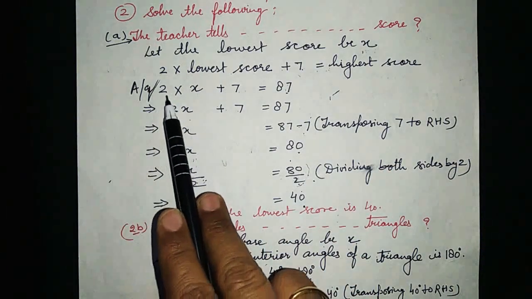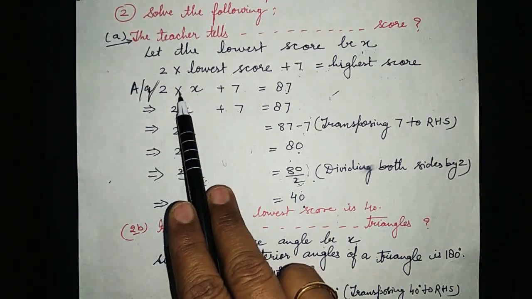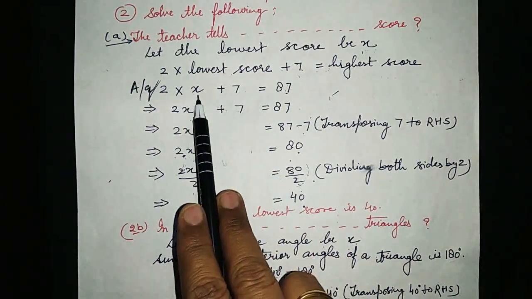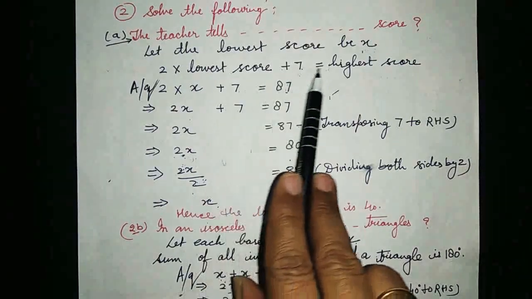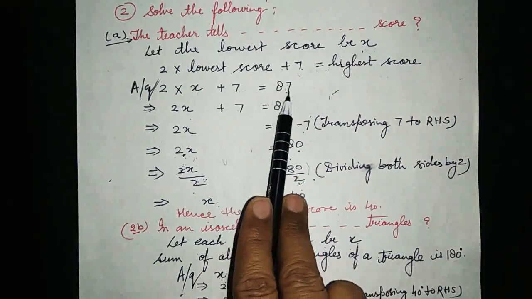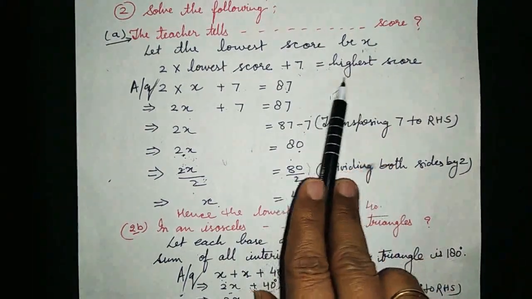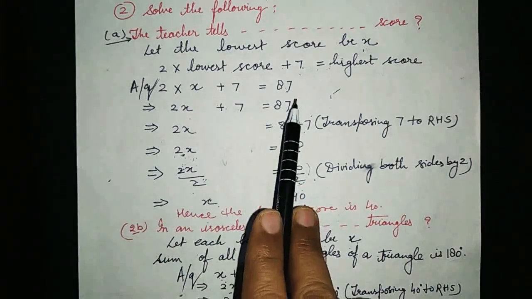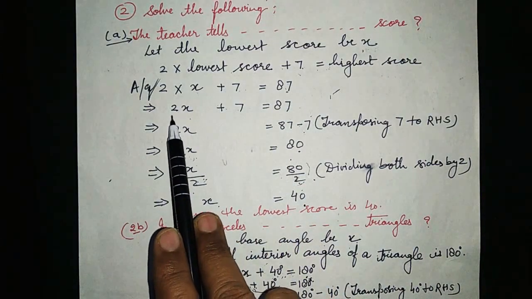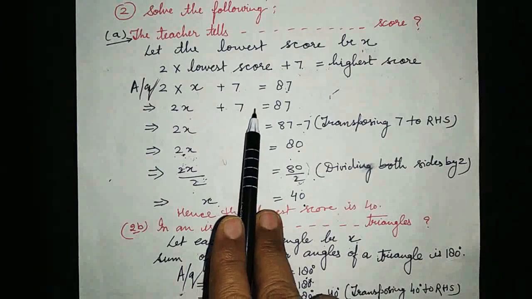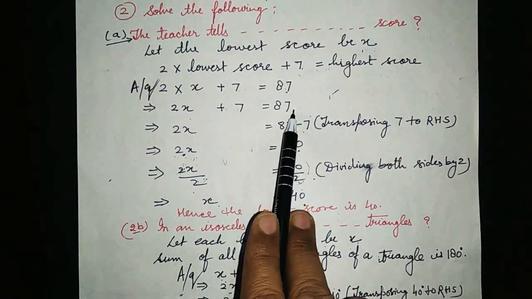So the equation will be 2 into lowest marks X plus 7 is equal to 87. Highest marks is 87. Now our equation is 2x plus 7 is equal to 87.